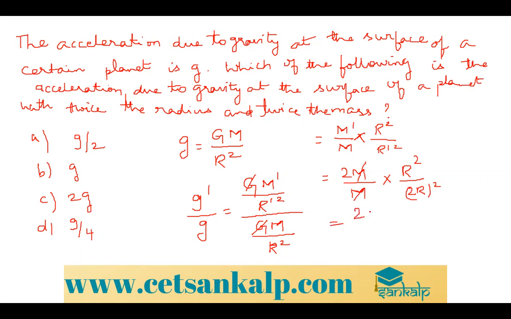So 2r² divided by 4r². r² and r² cancel, 2 ones are 2, 2 twos are 4. So now g dash is equal to g divided by 2. That will be the final answer.